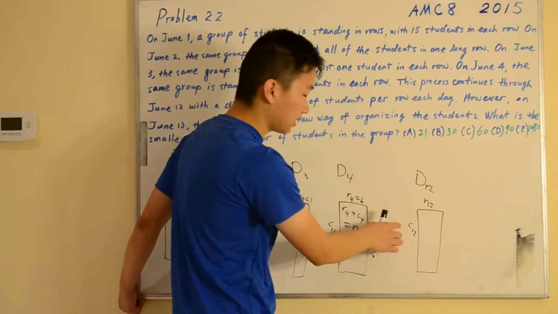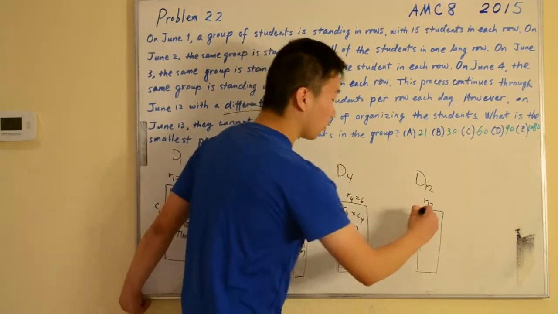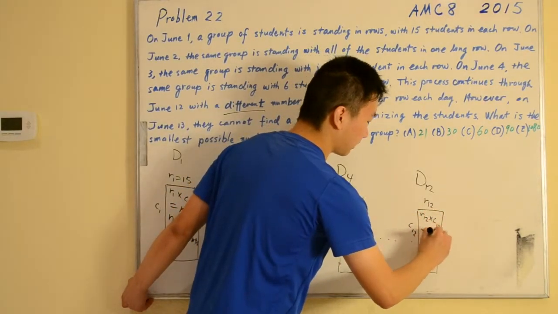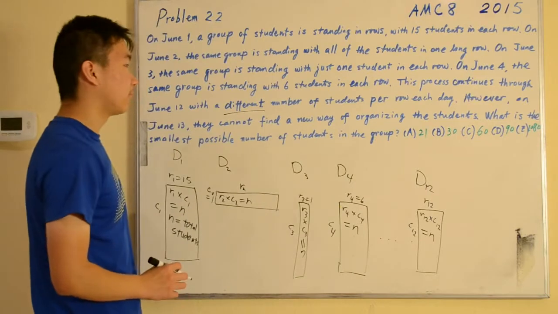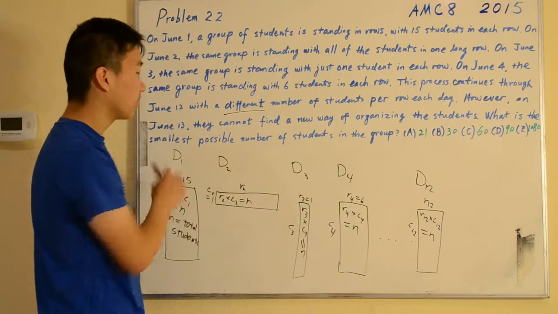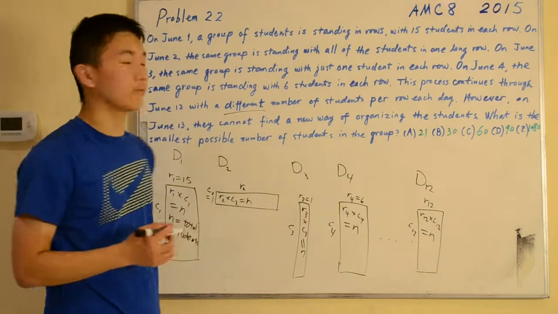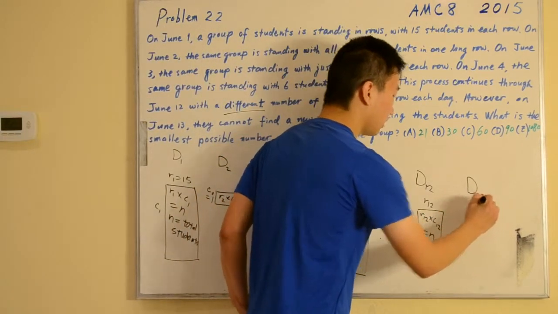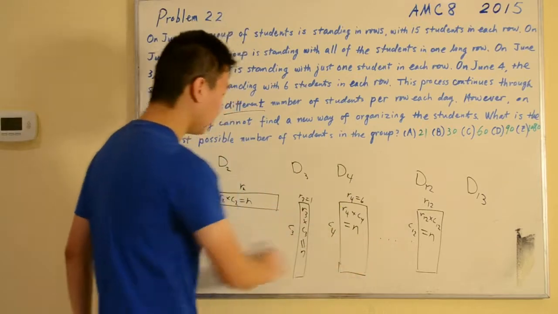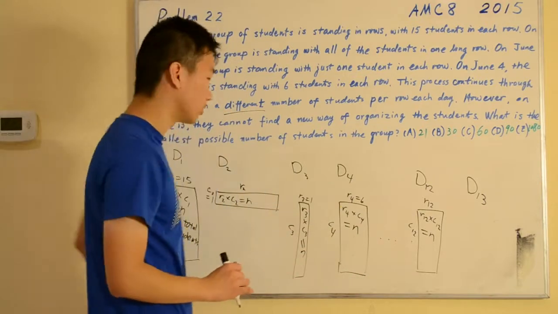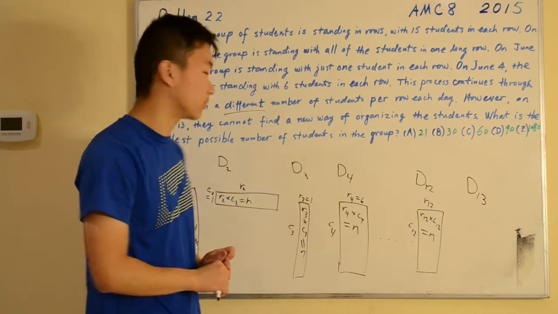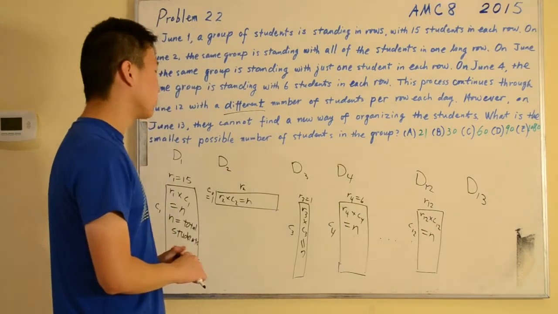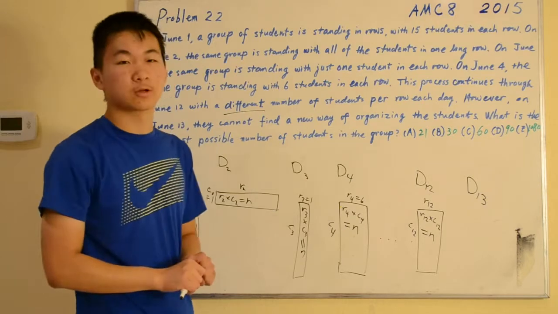We do not know what these are, but we know that R12 times C12 equals n. However, on June 13th, they cannot find a new way of organizing the students. So on day 13, there is no longer any new formation that they can form, which means that they have found every possible dimension that can be formed. What is the smallest possible number of students in the group?